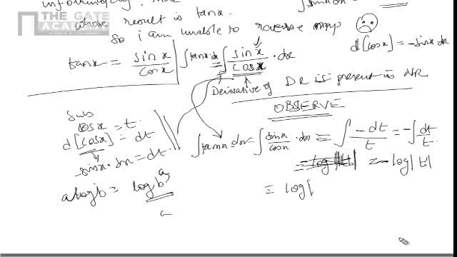It is minus log of mod of t. So this is nothing but minus log. What is a log b? A log b is nothing but log of b power a. Correct. So similarly minus 1 log t will be log of t power minus 1. This is nothing but log of 1 by t.